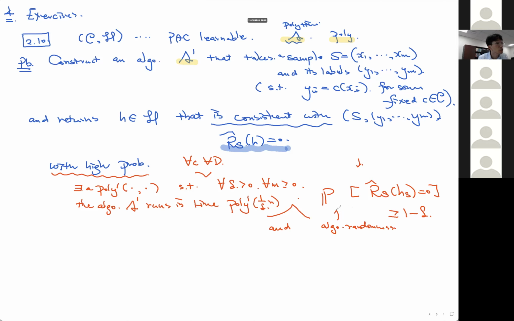So the algorithm is a randomized algorithm, so there is randomness in the algorithm, but with high probability it returns something that satisfies this property. Okay, so how to solve this problem? And then here's an idea.